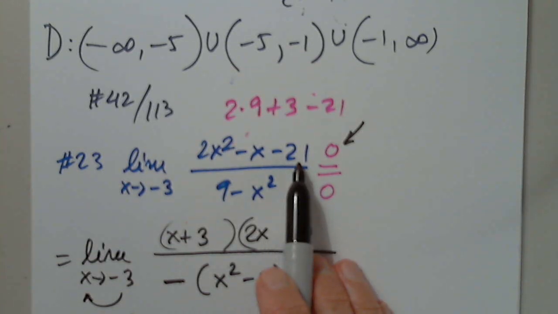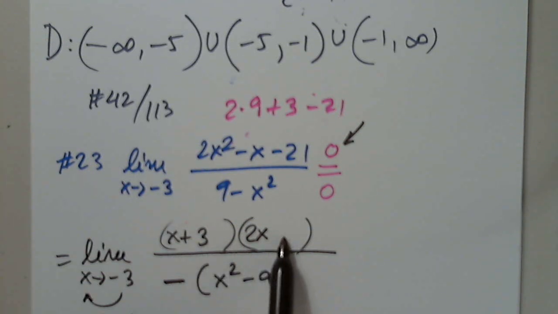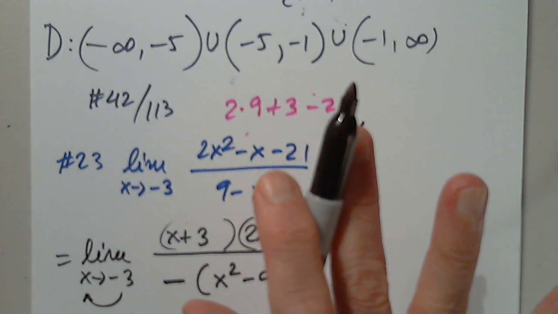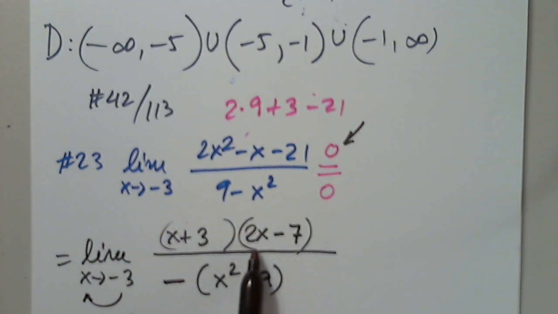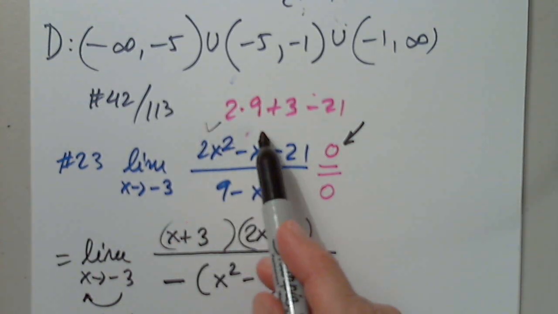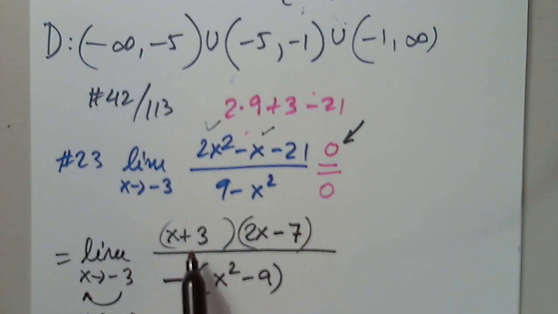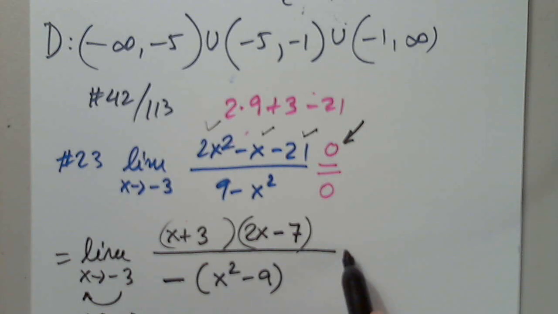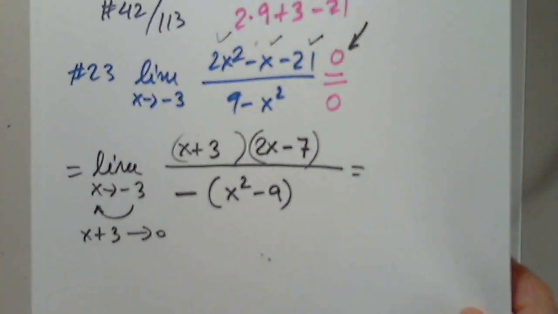So that I get -21 and I have a 3. What should I have here? There is only one option. 7. Yes, but negative. So let's check. x times 2x, 2x squared, yes. -7x plus 6x, yes. And 3 times -7, yes. Okay, we are in business.